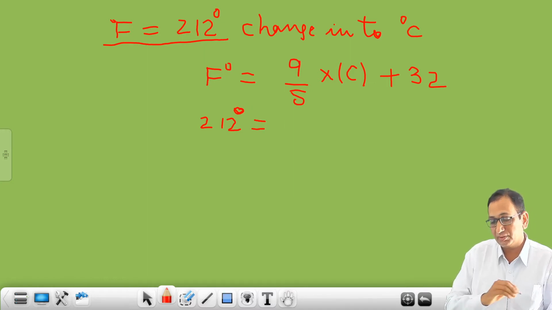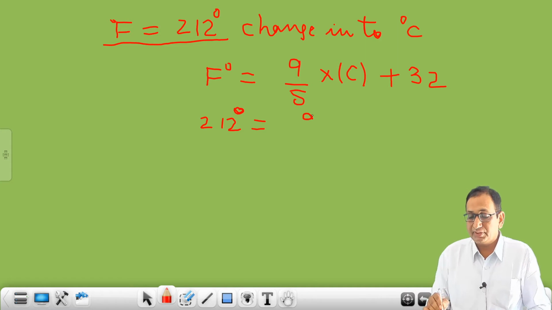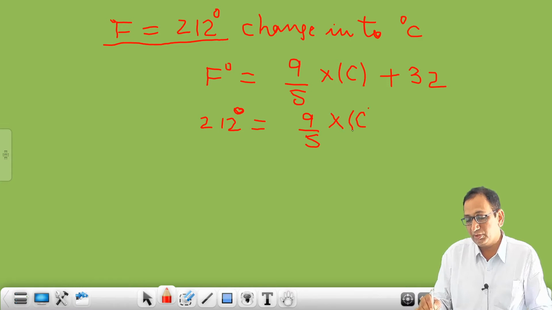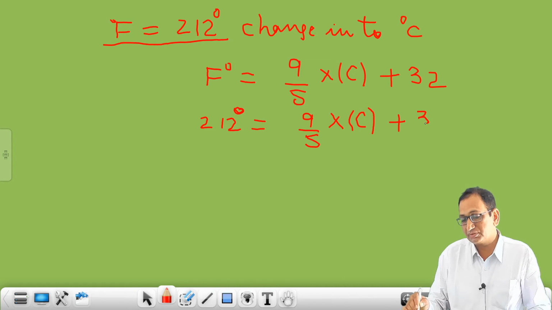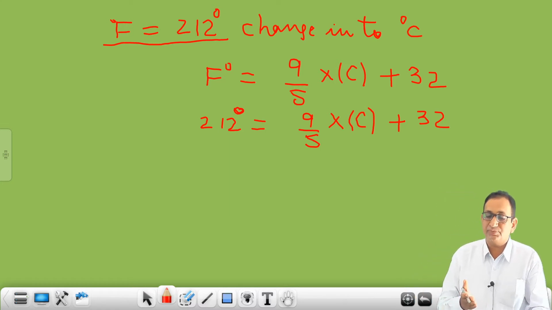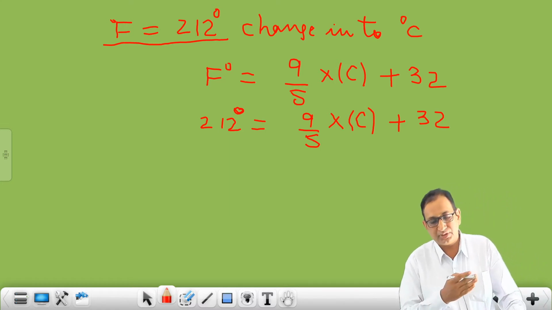Here 212 degree. Okay. After that 9 upon 5, and then here C, because we don't know the value of C, we want to find the value of C, and here plus 32 is there. Now, students, by the mathematics rule, this 32 you can transpose from right side to left side.